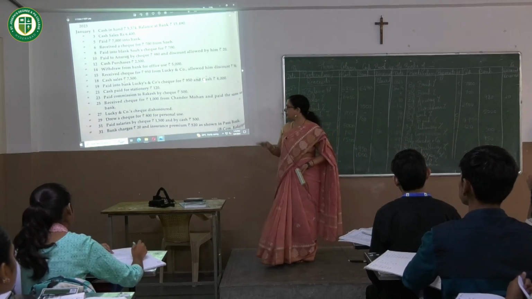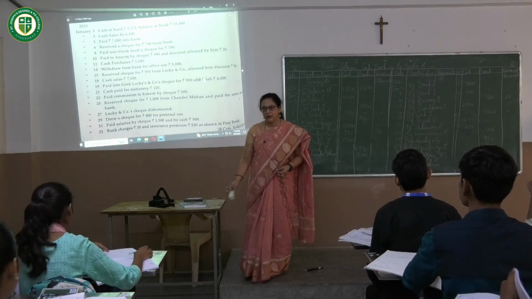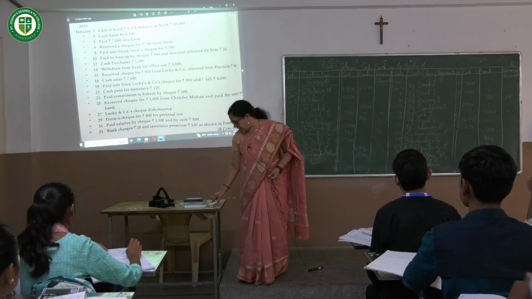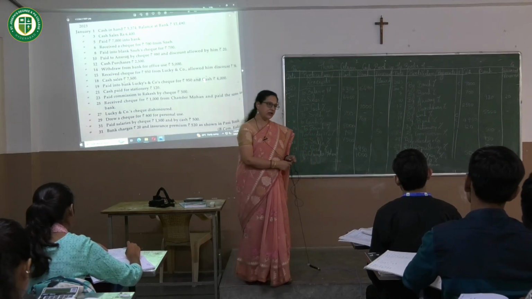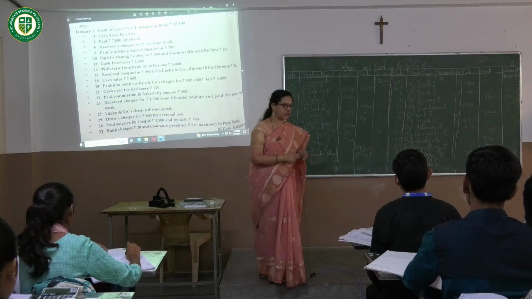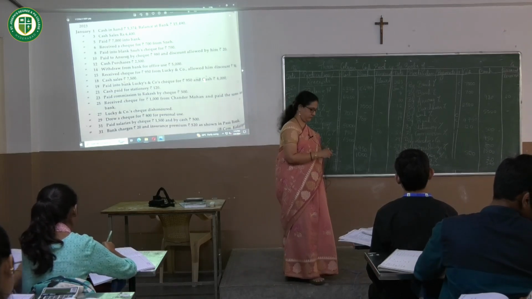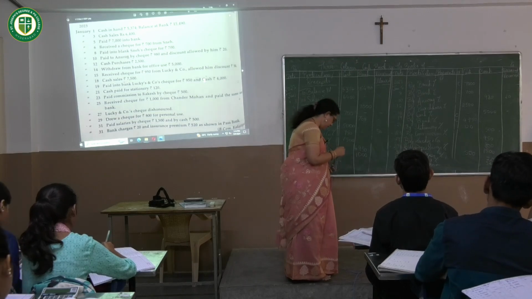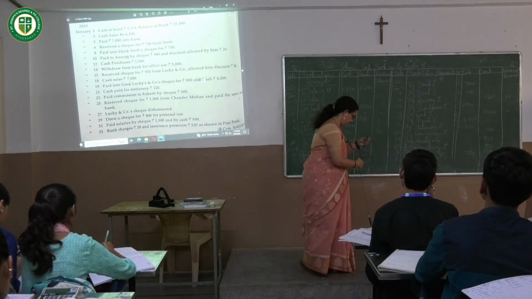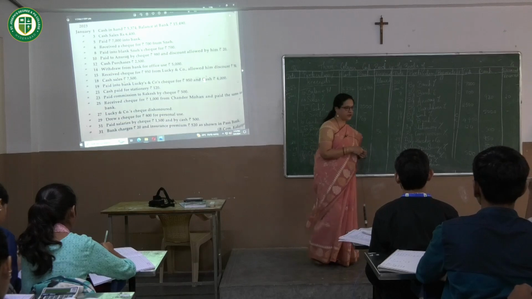Finished? Once we finish all the transactions, we need to now balance the cash book. For each column, debit side minus the credit side. Find out the balance. 25,924. Which column? Debit side. Find out the difference.